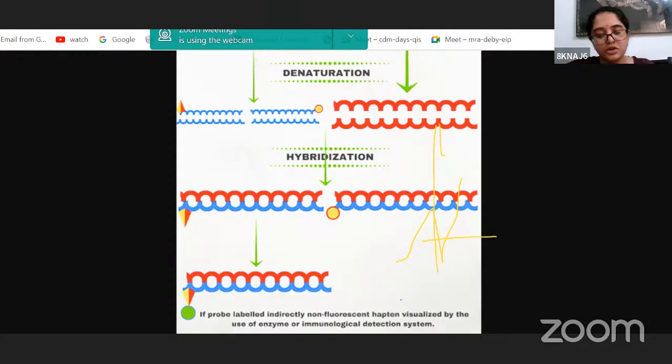So this is all about your unit 1, that is the history, the chromosomes, banding, staining, genetic workup, and what exactly cell division is. Then chromatin, euchromatin, heterochromatin.